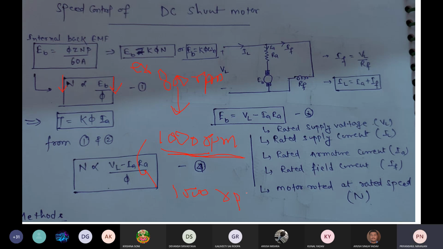It is possible. 800 rpm to 1500 rpm by this method, armature control. बताओ, इज इट पॉसिबल? देखो यहां से देखते हैं.